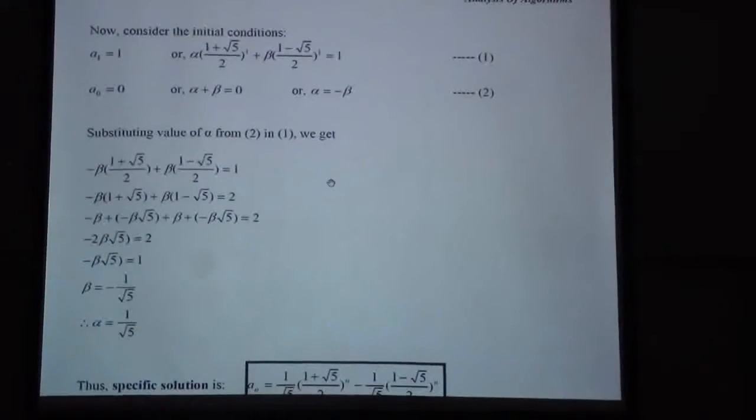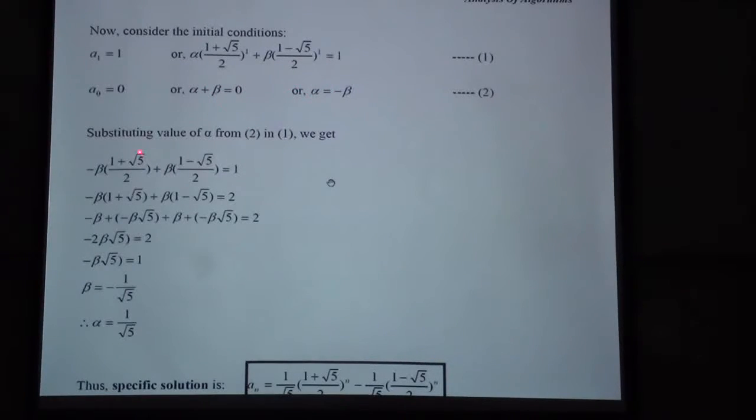And so here is the setup. At A0, alpha plus beta is equal to 0. And for A1 equal to 1, 1 is equal to this to the first power, this to the first power, and that's it. So we can do a substitution. Remember, alpha plus beta is 0, so alpha equals negative beta.